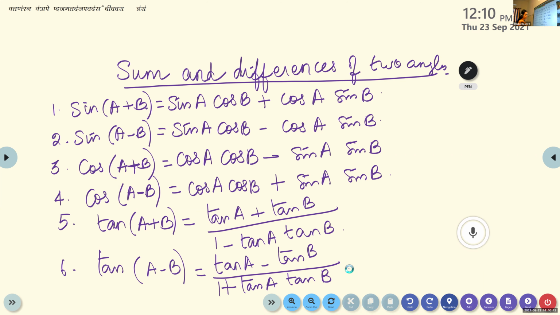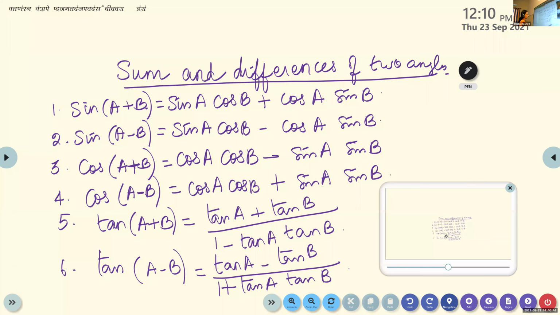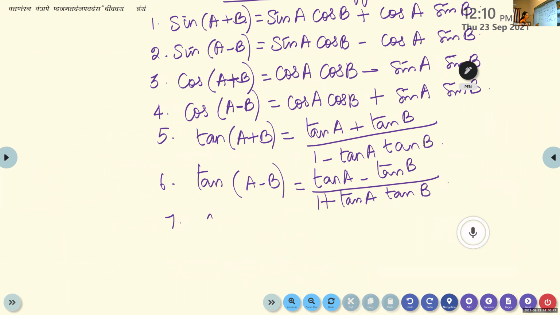The next one, seventh one, cot of a plus b.